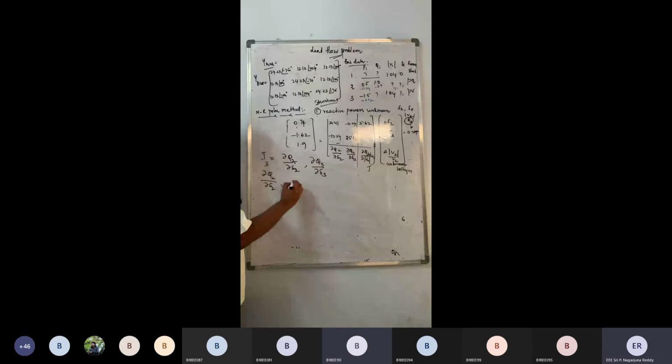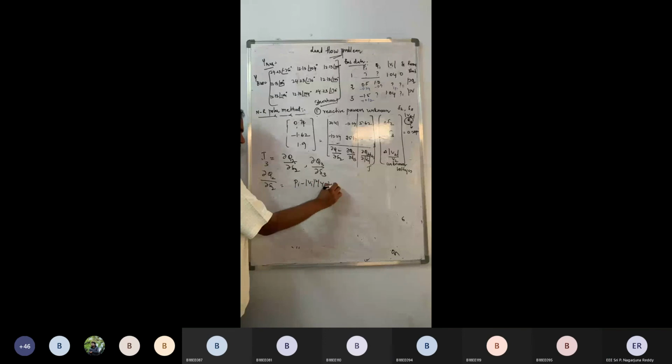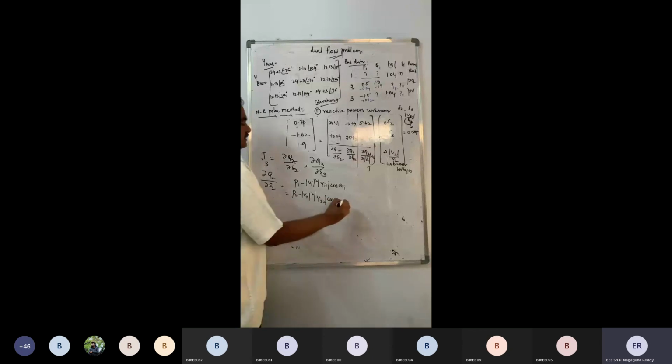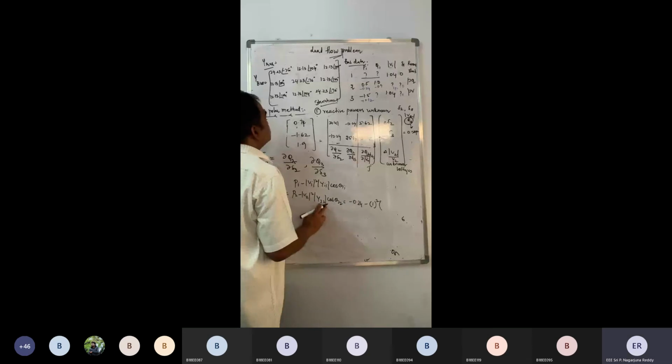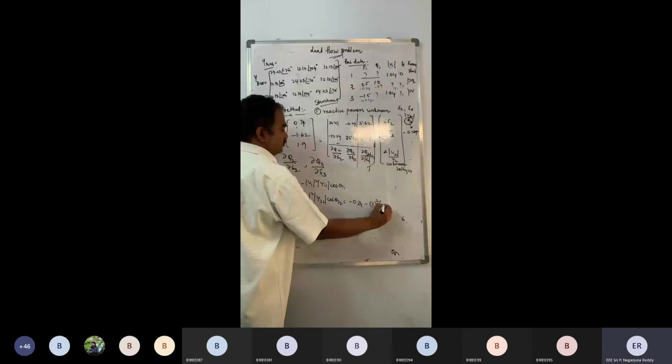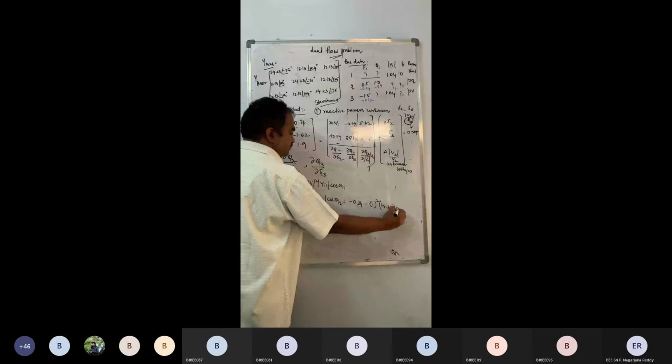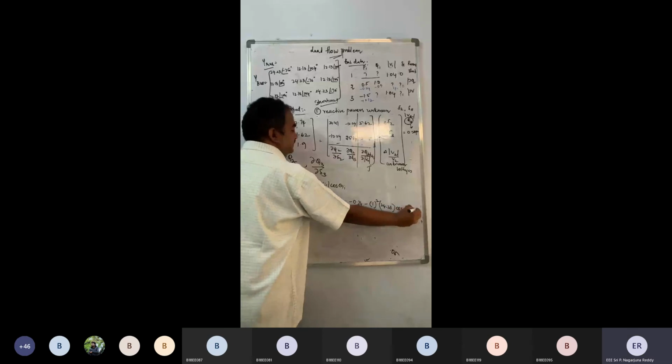Pi minus Vi square Yii cos theta ii. Very nice, very smart. So here it is going to be P2 minus V2 square Y22 cos theta 2. And the answer is P2 is minus 0.24 minus V2 square is 1 and Y22 is 24.23 cos of minus 76.